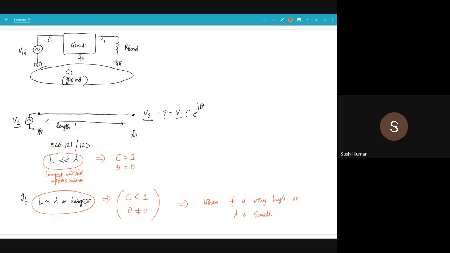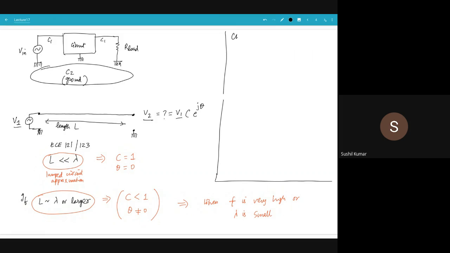So this C is not equal to 1, and this we need to learn, and I can guarantee you if you pay attention, you'll have at least a formative understanding of how to deal with this stuff at higher frequency or in general.